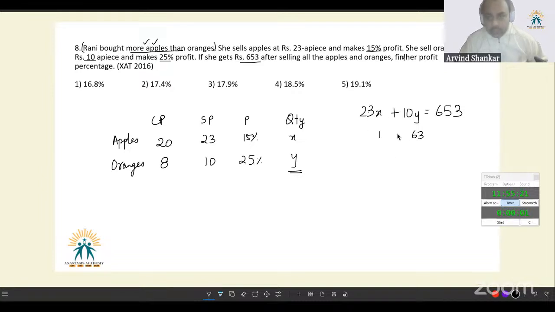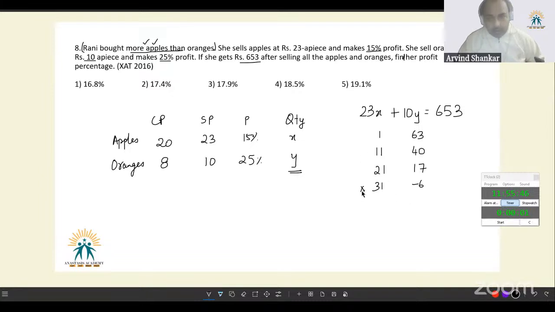The next solution set would be this increasing by 10, this decreasing by 23, which will make it 11 and 40. The next solution set would be this increasing by 10 and this decreasing by 23. And the next would be this increasing by 10, this reducing by 23, leading us to -6.